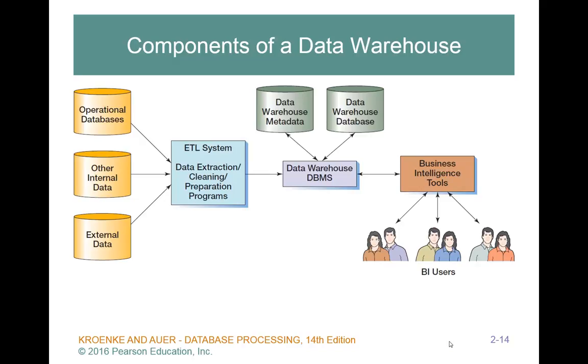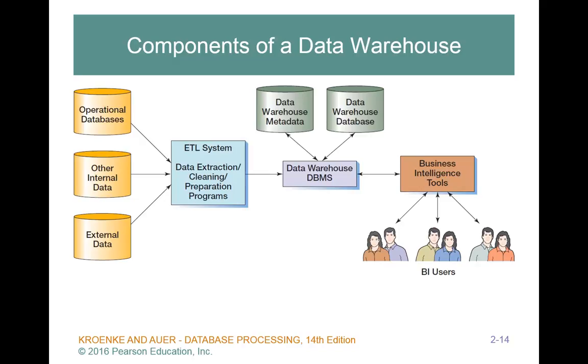As you can see in our components, we can collect our data from a number of different sources. It can come from operational databases and any other internal data, such as spreadsheets, an internal Access database or some type of application, as well as any external data.